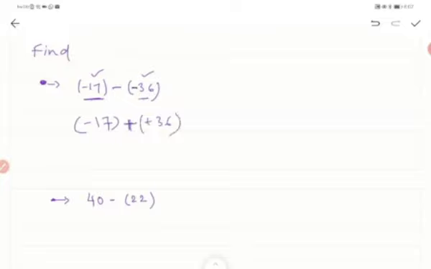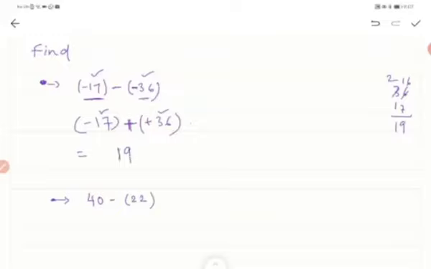So now it is the addition of two integers, one negative and the other positive. That means you will subtract. So 36 minus 17 is how much? It's 19.